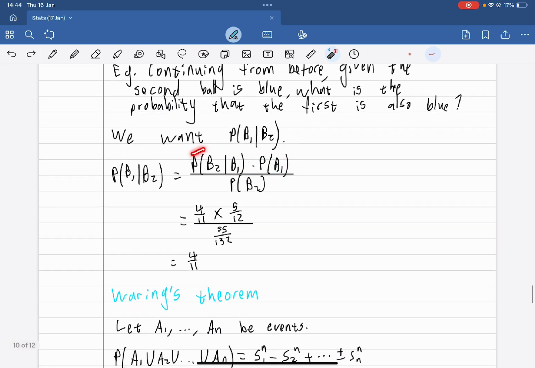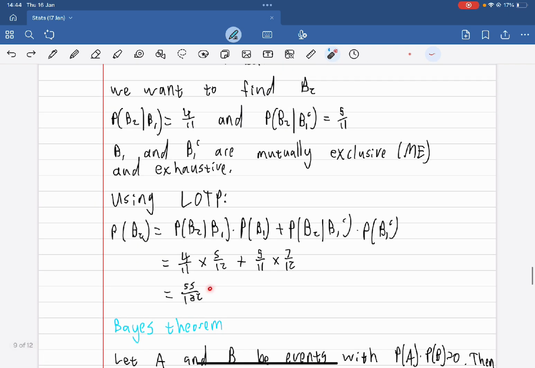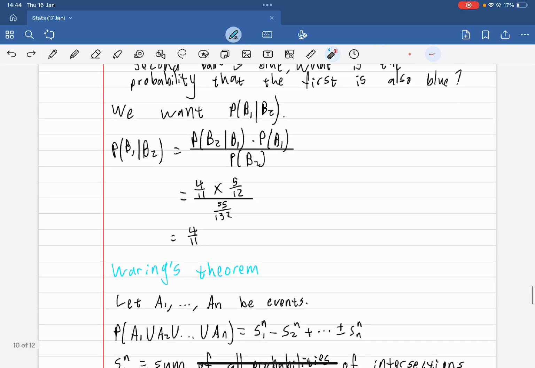So we know the probability of B2 given B1, we worked that out earlier, is 4 out of 11. Probability of B1 we saw earlier is 5 out of 12. And the probability of B2 is what we worked out in the previous example, was 55 over 132. So that's how we get that. And then overall we can see the probability of the first one being blue, given that the second one is blue, is 4 out of 11.